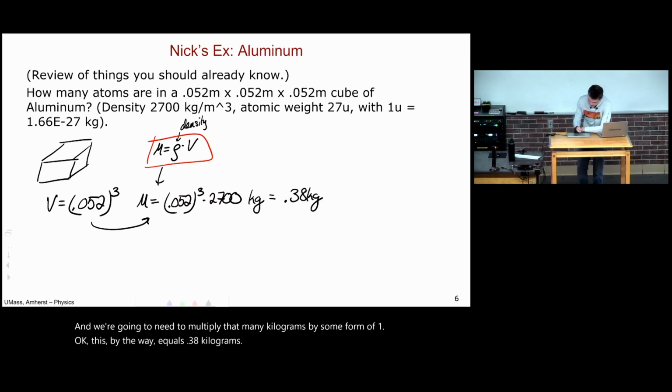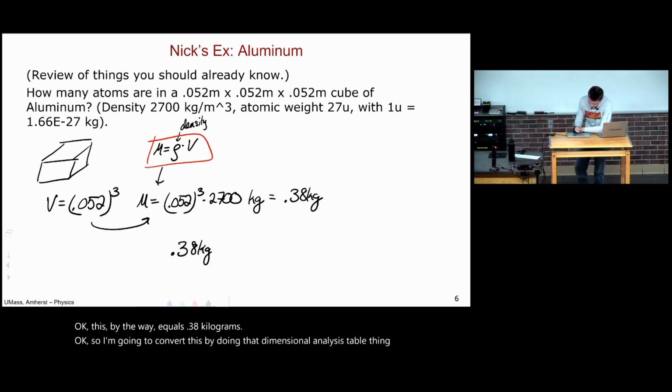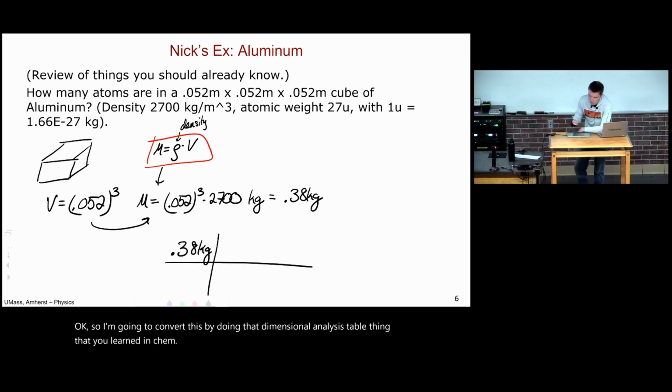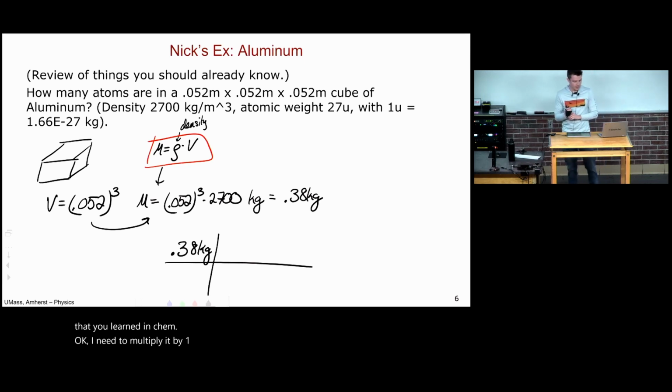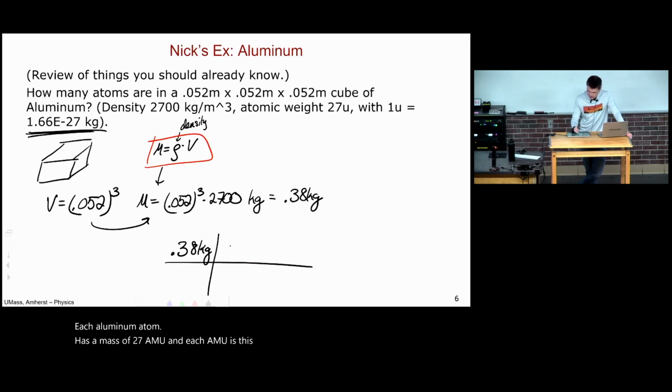Okay, so I'm going to convert this by doing that dimensional analysis table thing that you learned in chem. I need to multiply it by 1 in some way. Each aluminum atom has a mass of 27 AMU, and each AMU is this many kilograms.